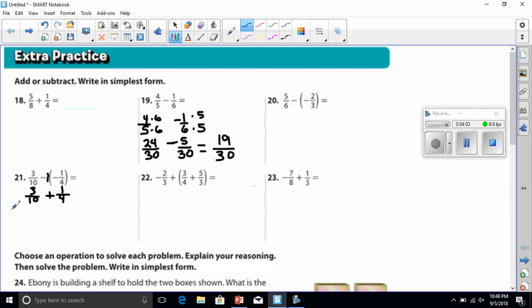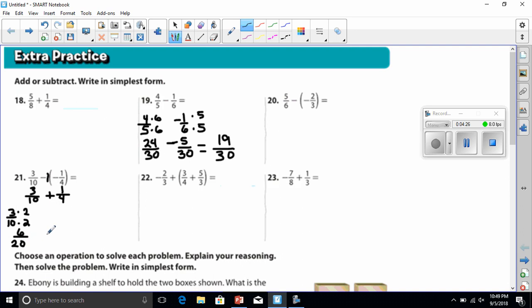First of all, if I have 3/10, and I multiply that bottom number by 2 to get 20, I have to multiply the top number by 2 as well. 3 times 2 is 6, and 10 times 2 is 20.